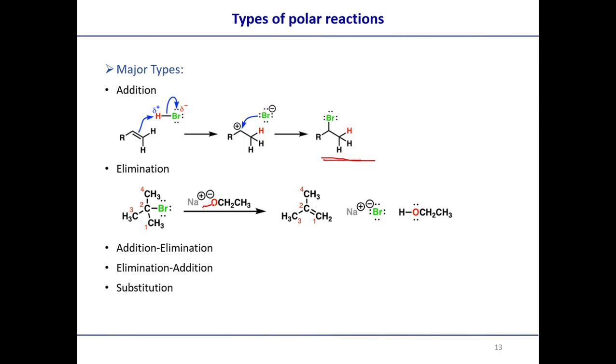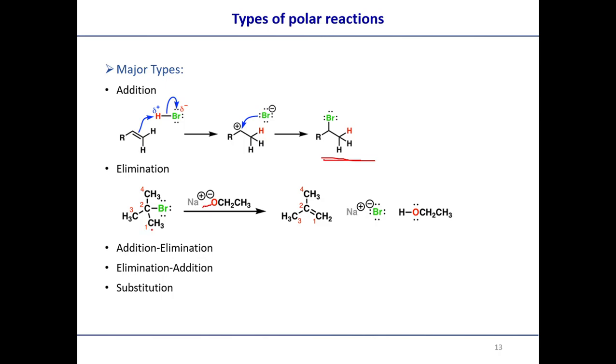So which center is electron deficient? Because here we have CH3, it can take a proton. If it takes the proton, pi bond formation will take place.